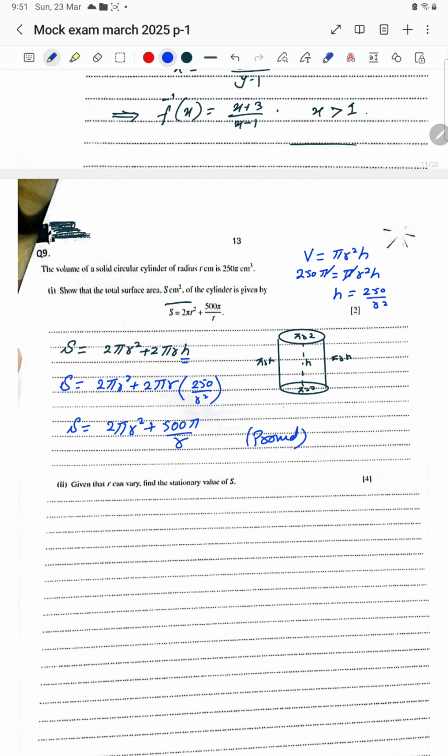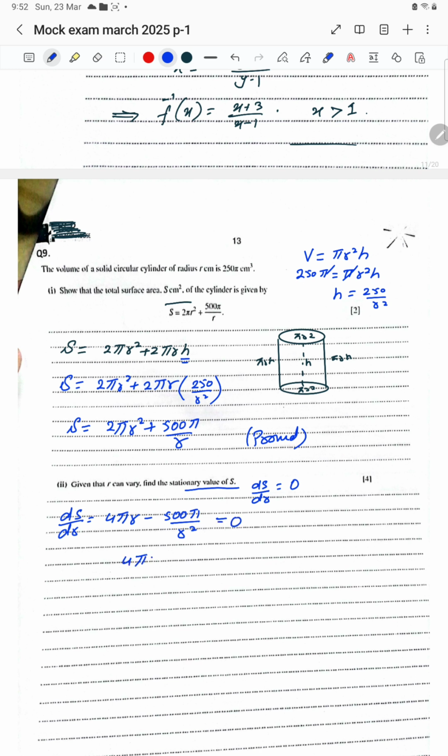Given that r can vary, find the stationary value of S. For the stationary value, you need to differentiate with respect to r and equate to 0. So dS by dr will be 4 pi r minus 500 pi over r square. You know how to differentiate it, because this 1 over r can be written as r power minus 1, and you can differentiate this and equate to 0 to find r.